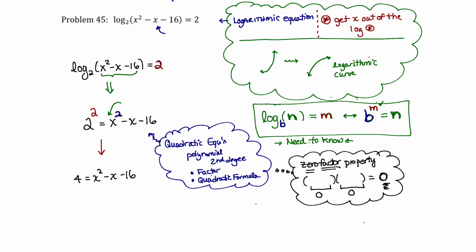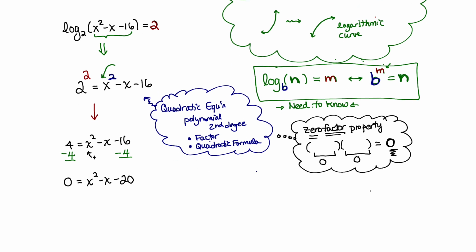And now I'm going to proceed to get a 0 on the left side because I want to keep my x squared positive. You could do it the other way, but I like to keep my x squared positive. And that entails using the additive property of equality where we're adding a negative number to both sides, giving us a 0 on the left, and on the right we have x squared minus x minus 20.